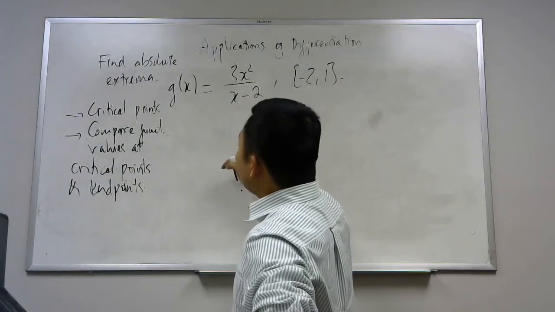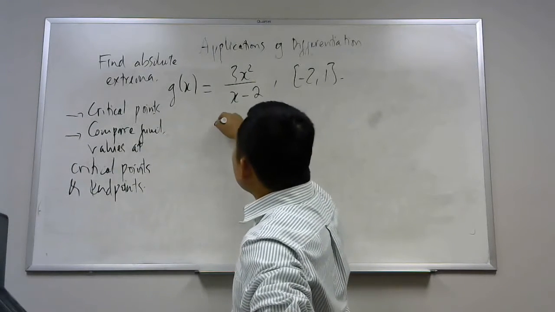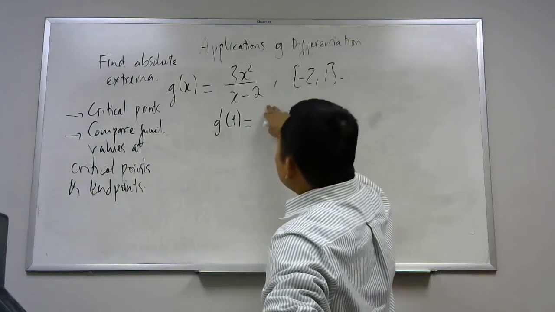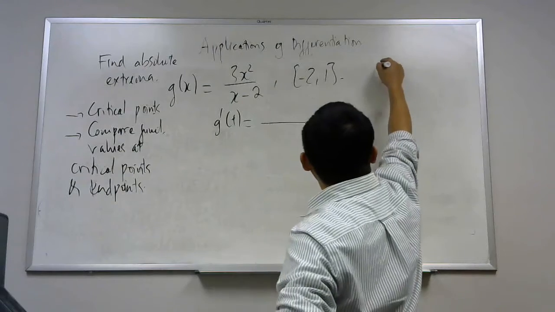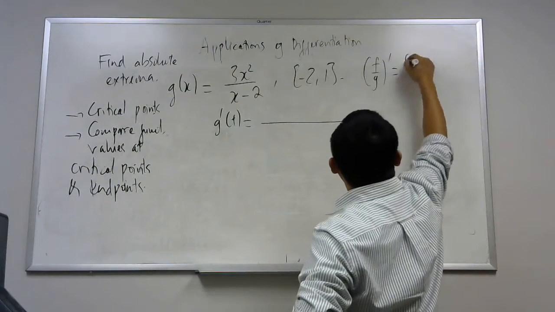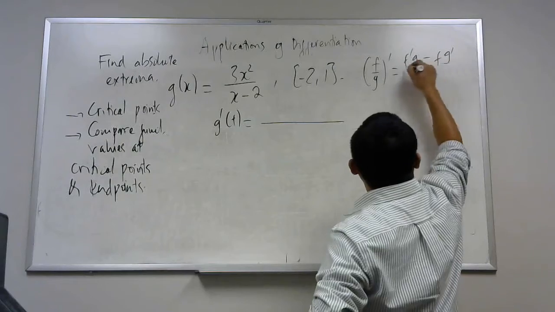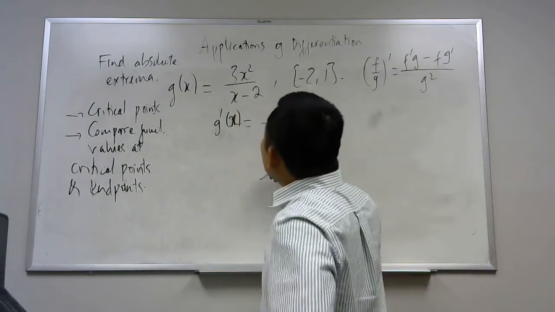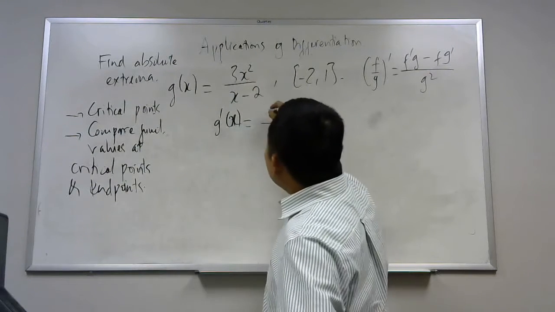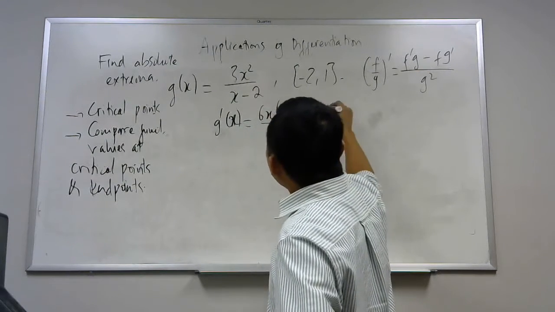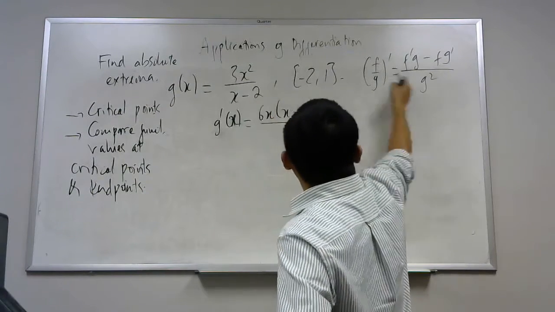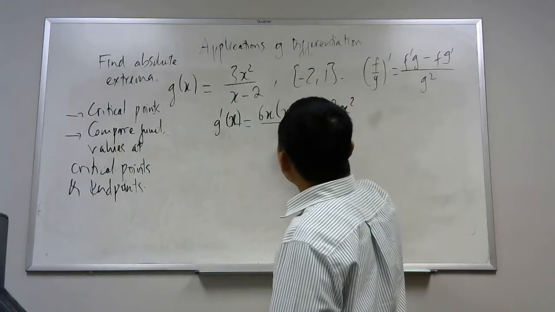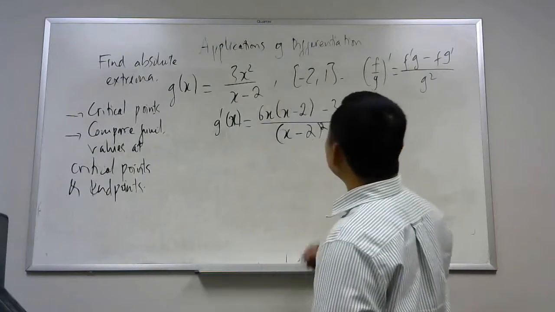So first I need to take the derivative, because I need to find critical points. For g prime, I have to use the quotient rule. The quotient rule says f over g derivative is f derivative times g minus f times g derivative, over g squared. So the derivative of 3x squared is 6x, times x minus 2, minus the derivative of x minus 2, which is 1, so minus 3x squared times 1, over x minus 2 squared.